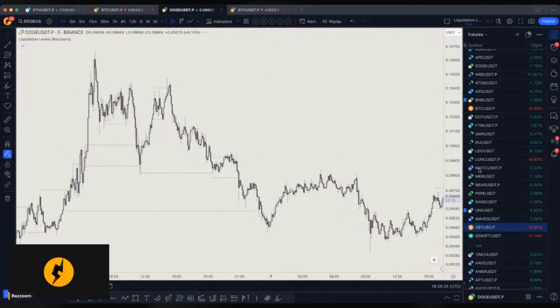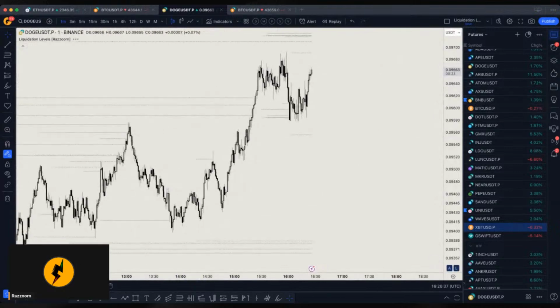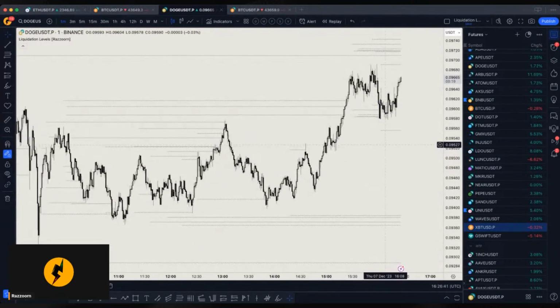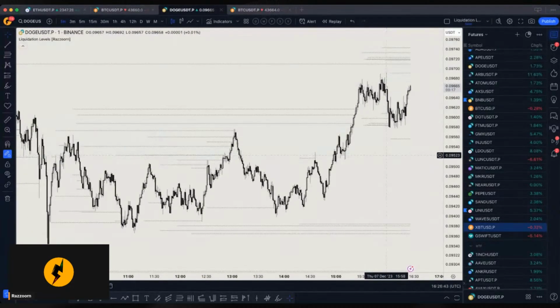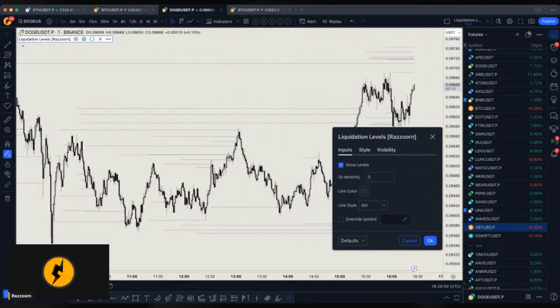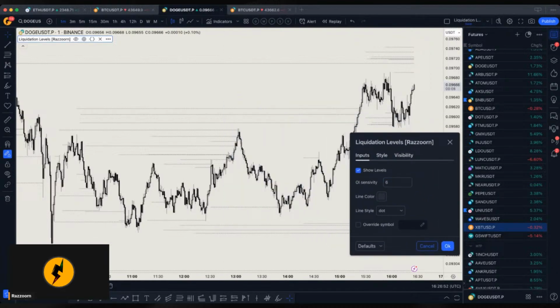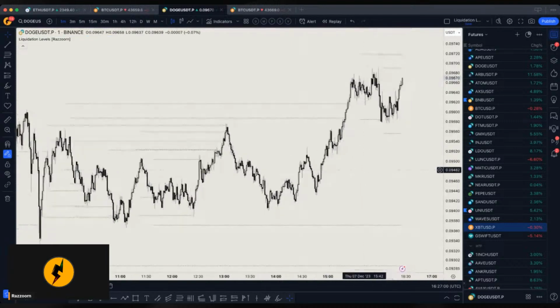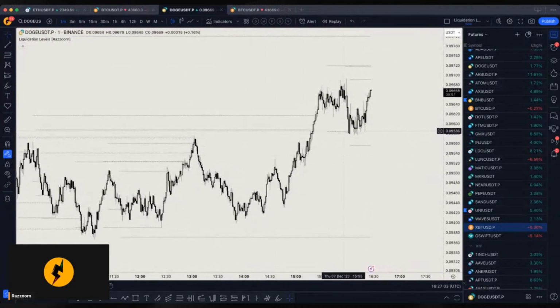In the meantime, let's check the Doge. On 1 minute you see how accurate these are. Of course, you can play with the OI sensitivity, and it's going to filter the levels and show you the most important ones.